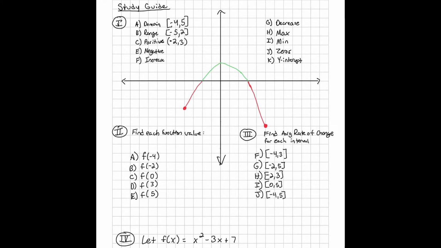So basically where you see the green part of the function, that's your positive interval, and there's 2 negative intervals from -4 to -2, and from 3 to 5.